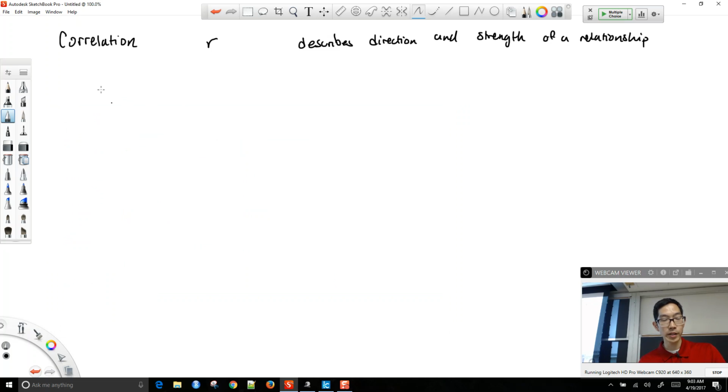We will say x represents the number of bedrooms in a house, and y represents the number of closets in the house.